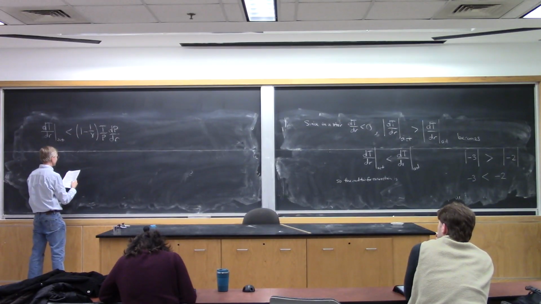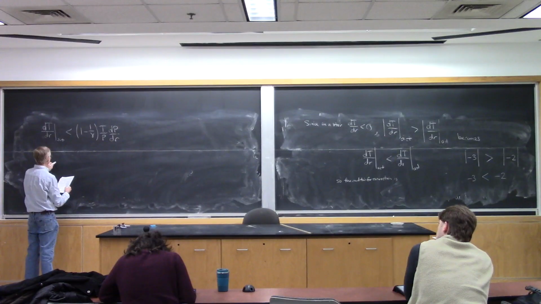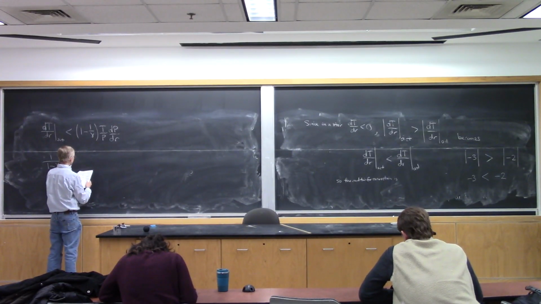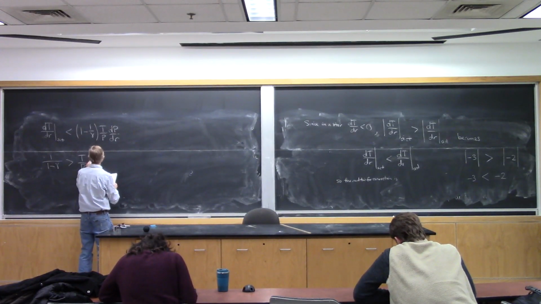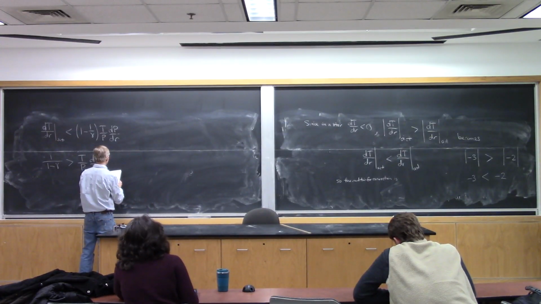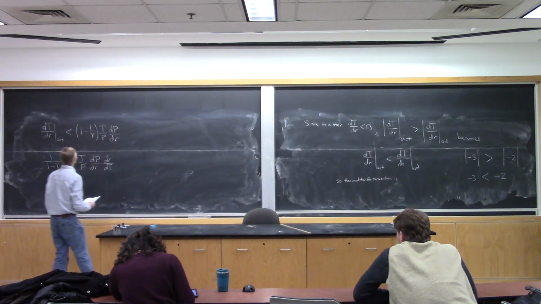Okay, let's have fun moving things around. So this is going to say that 1 over 1 minus gamma is greater than T over P, dP/dr, dr/dT.